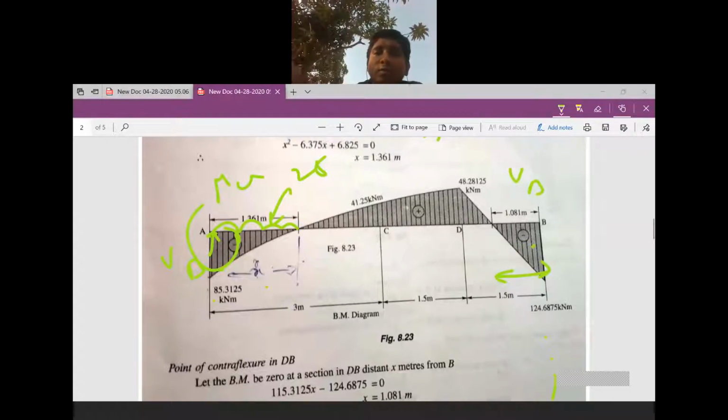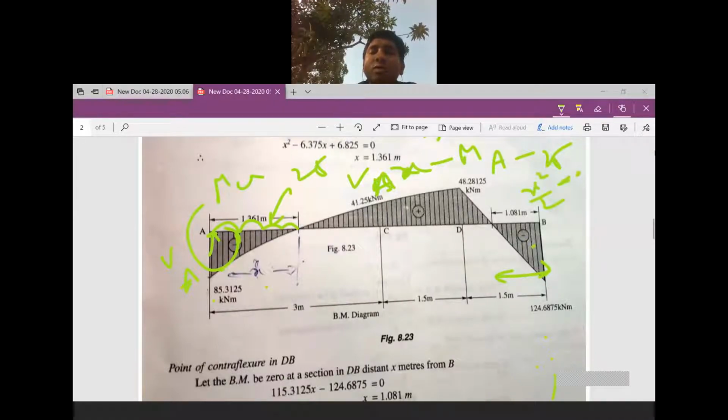The simple equation you will consider is VA into X minus MA minus 25 into X square by 2 equal to 0.